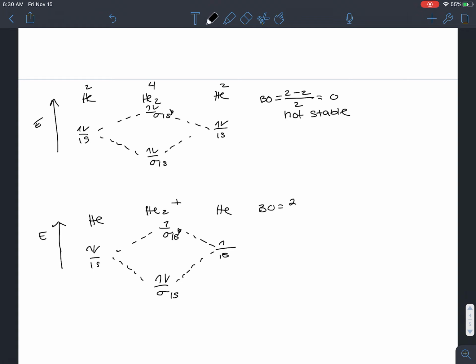Now here you see, all right, well, is this more stable? Does this exist? The bond order will be 2 bonding minus 1 antibonding divided by 2, which gives you 1/2. Well, this is not 0, so this is more stable. So diatomic helium can actually exist if it's an ion. Valence bond and Lewis can predict that helium 2 plus can exist.